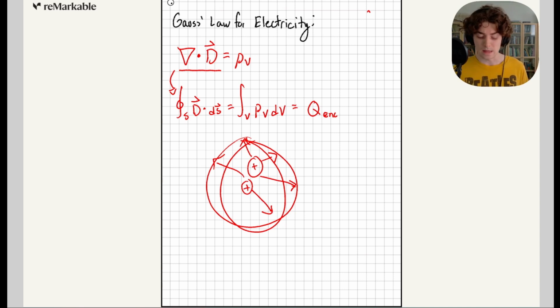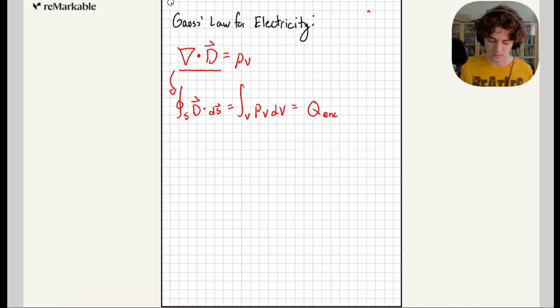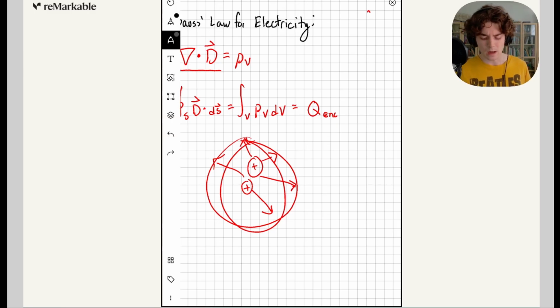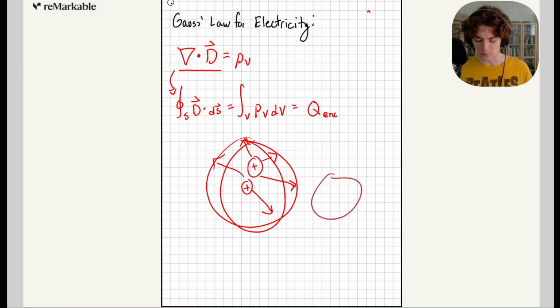Now, this made sense for me until I wondered, well, what happens if we have a charge? What if I wanted to prove this wrong, right? What if I have a charge outside of our closed sphere?